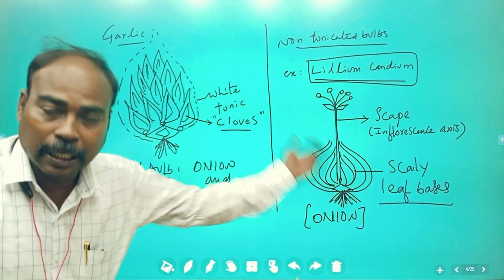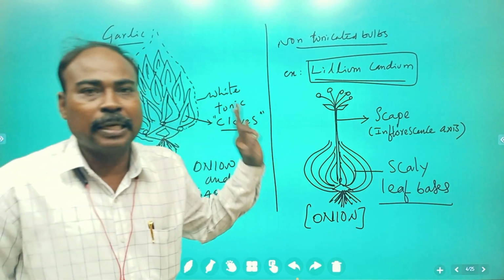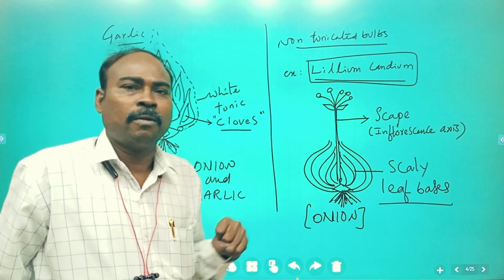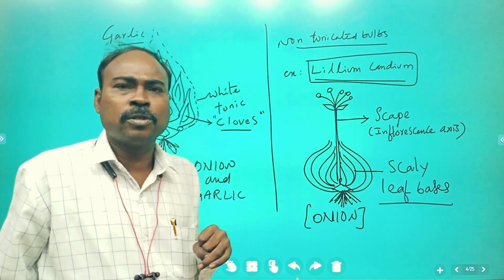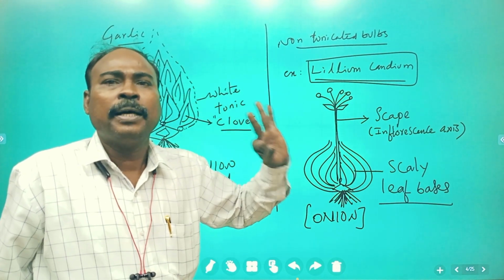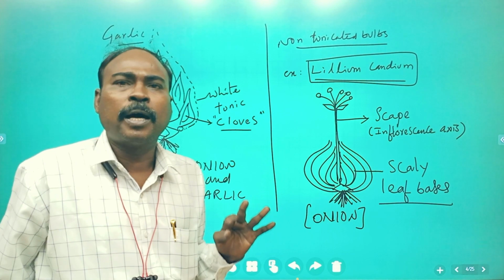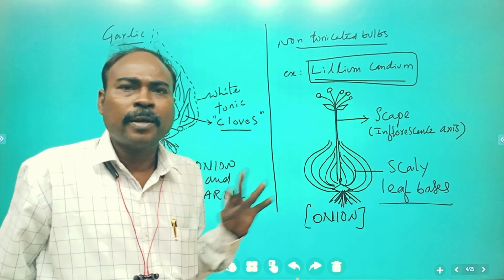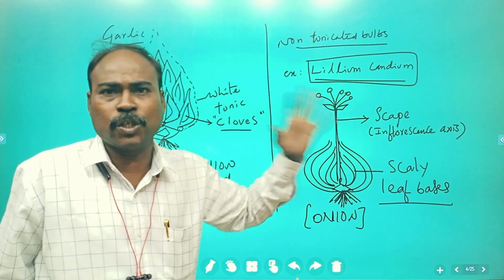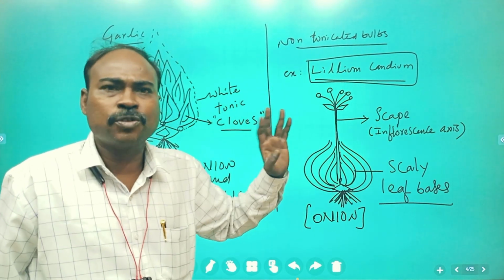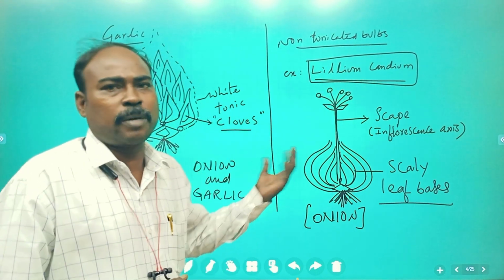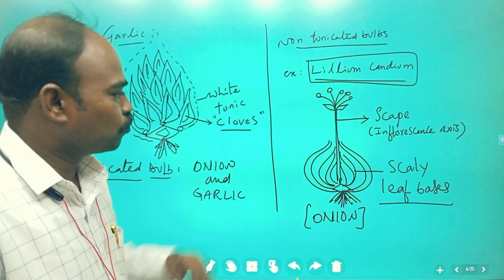These are the four important underground stem modifications, which are useful for storage of food, for escape from grazing animals, for perennation, that is, tiding over dry conditions and living long, and also participate in vegetative propagation by producing daughter rhizomes, daughter corms, daughter bulbs, and new plants from tubers. These are about underground stem modifications.